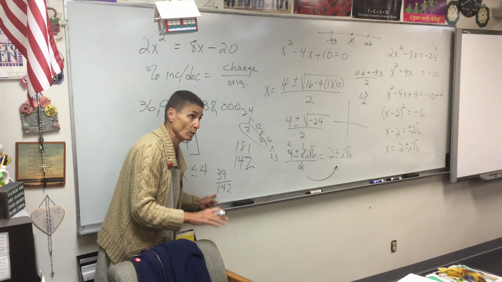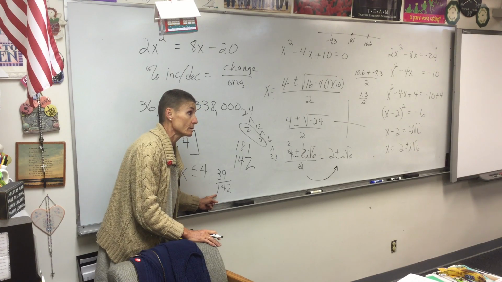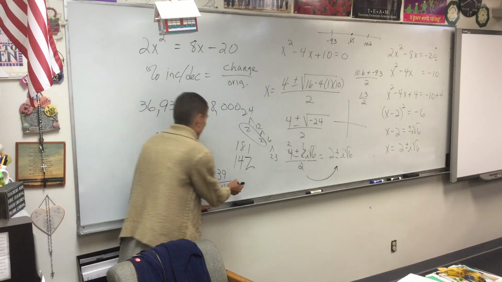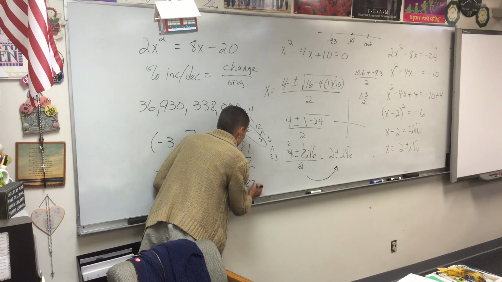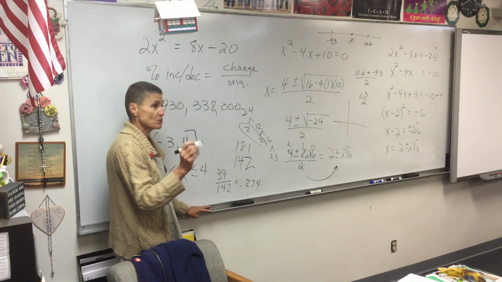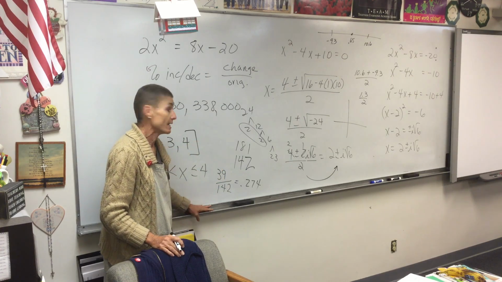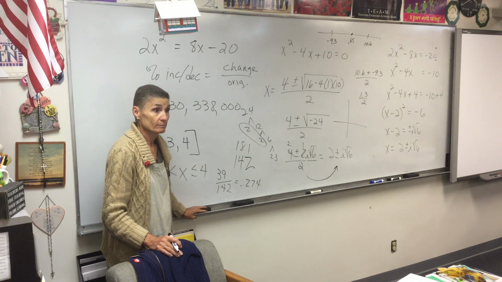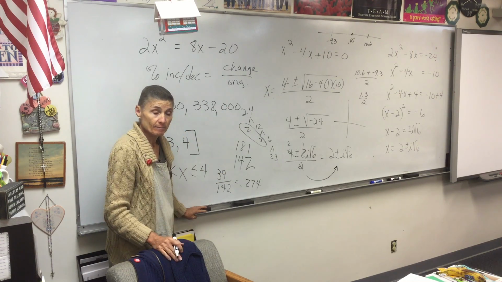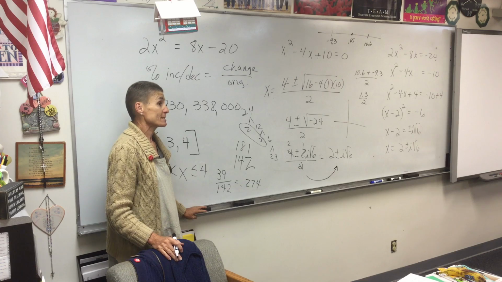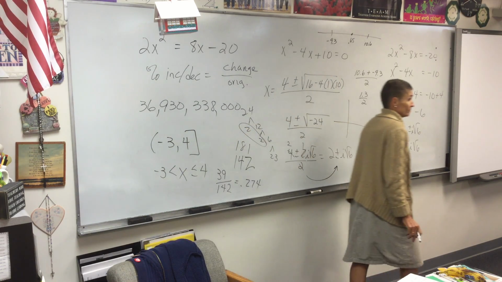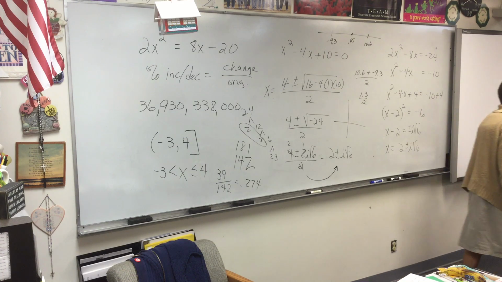Somebody do it for me real quick. 0.274 is what you got, which means it's about a 27.4% increase because it got bigger from beginning to end. Okay, so percent increase or decrease, change divided by original, always.